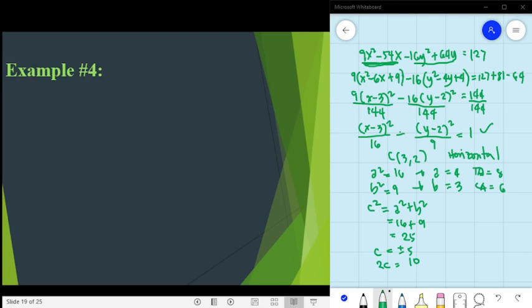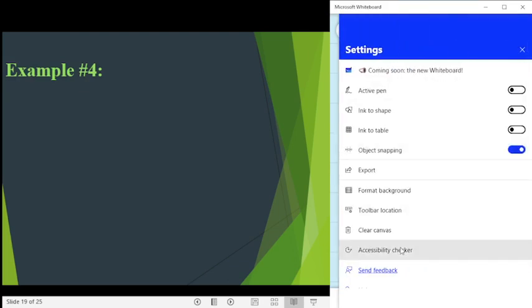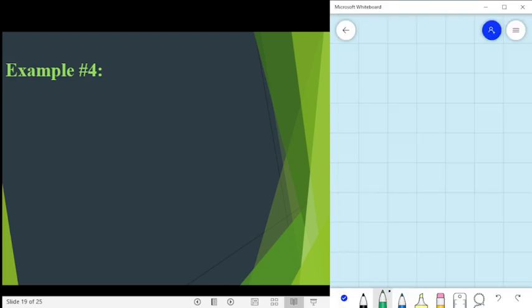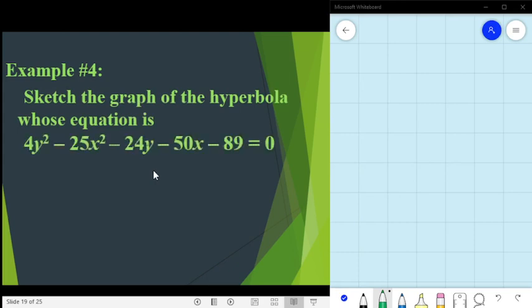example number 4. Okay, we have to sketch the graph. We have to write the equation, or express in standard form, the given, which is 4y squared minus 25x squared minus 24y minus 50x minus 89 is equal to 0.